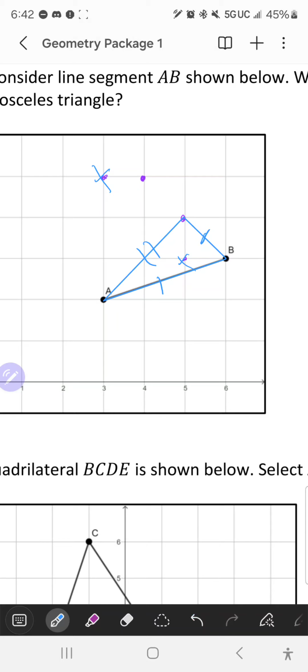Whoa, I just said a word in Spanish. I'm sorry. These are not equal. They are also not equal to each other since you can tell the difference when you draw the figure. So I can just say this is not my answer and I can finally get this one.